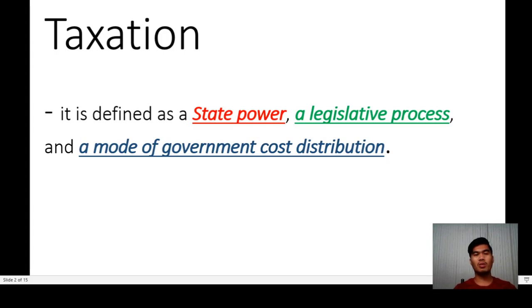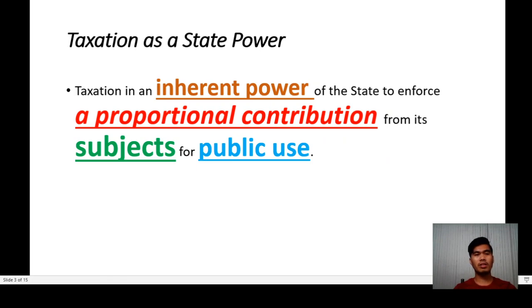Later on, we will discuss why taxation is a legislative process, and a mode of government cost distribution. So taxation, as a state power, is an inherent power of the state to enforce proportional contribution from its subjects for public use. So again, in every sovereignty, it has an inherent power to tax from its subjects.